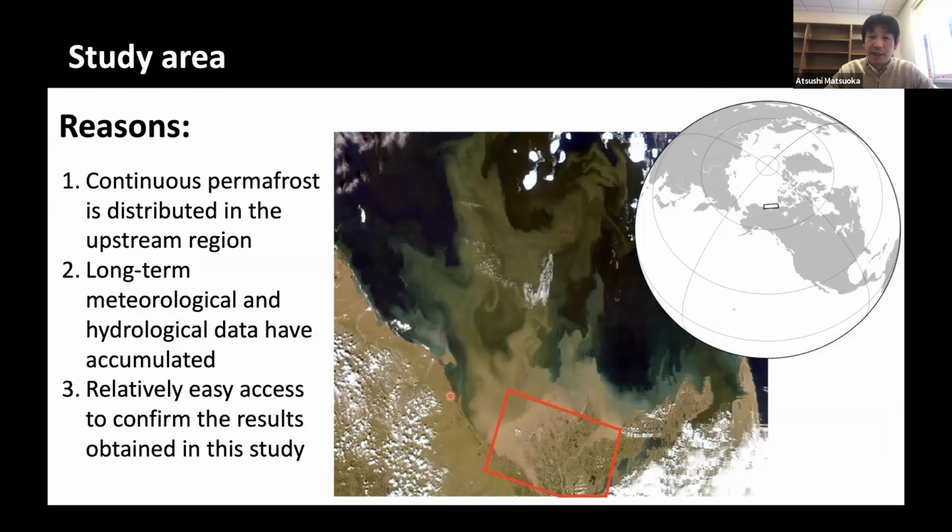The second reason is that long-term meteorological and hydrological data have accumulated in this area specifically, so that we can compare what's going on to the results obtained in this study. Finally, this area is relatively easy to access, so we might be able to examine or confirm our results obtained in this study when necessary.